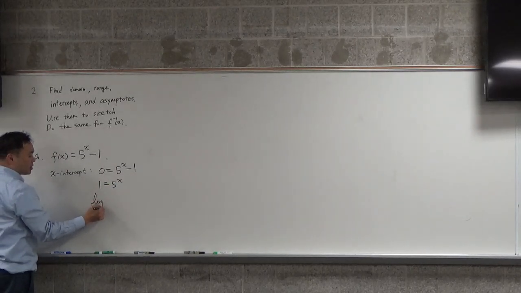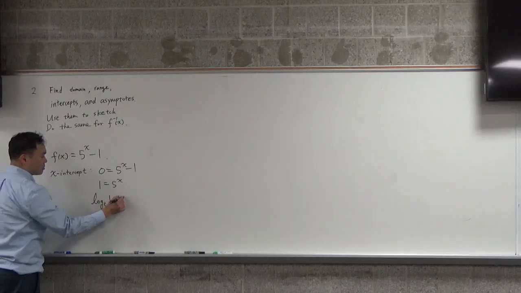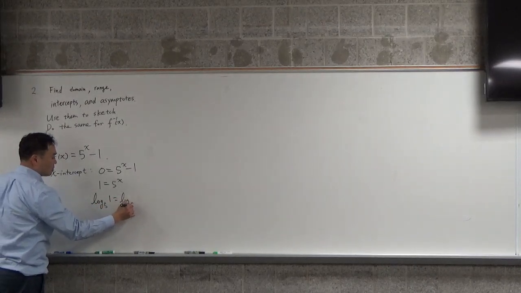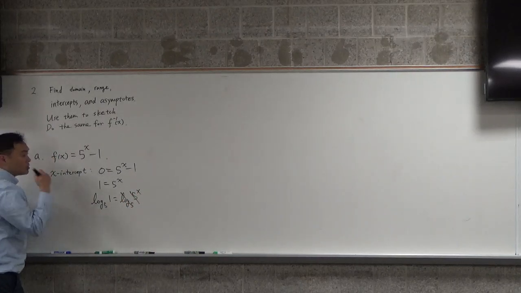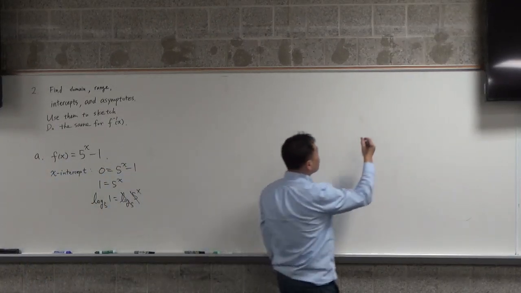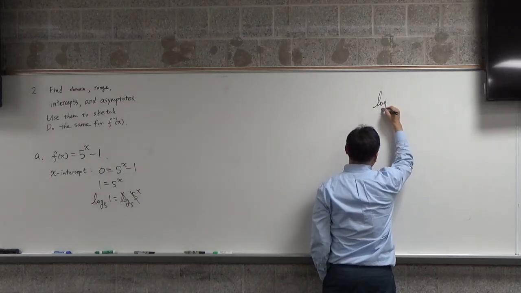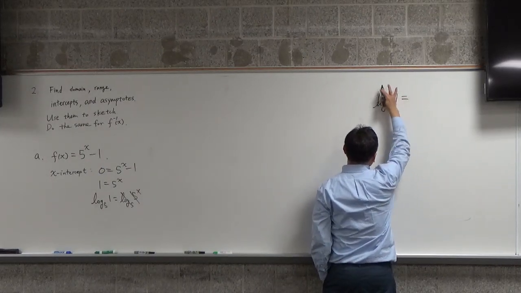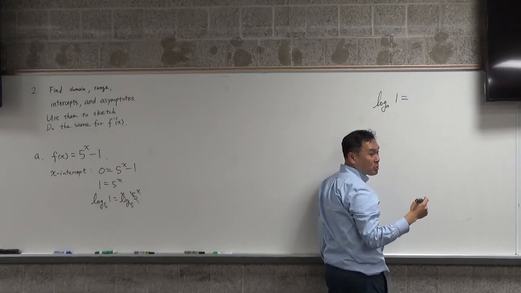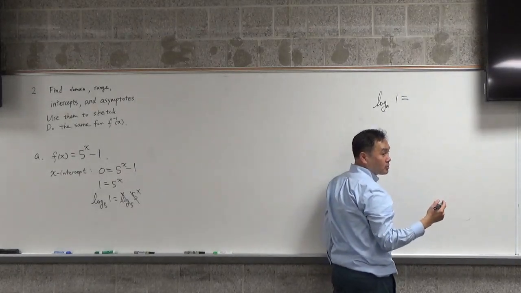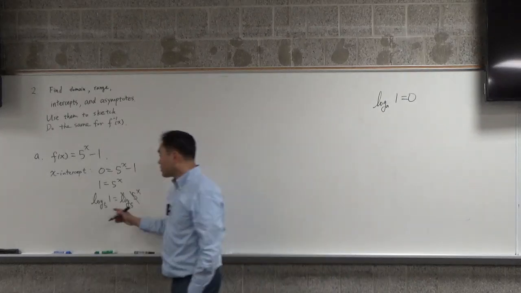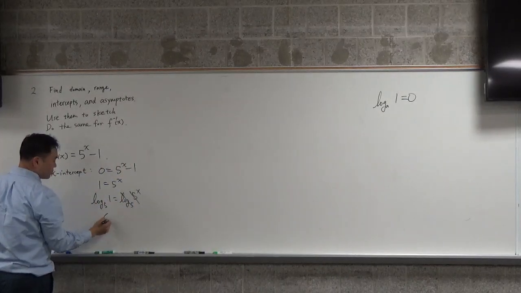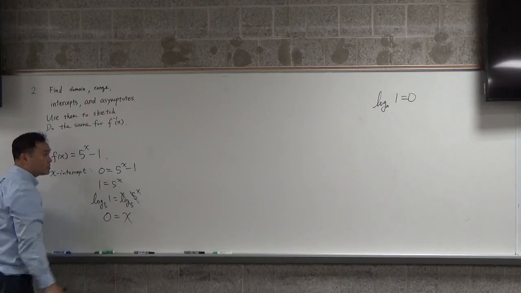Take log base 5. Okay, we learned one fact about log base a of 1. What is this value? Does anyone remember? 0, right? So using that, the left side will be 0 equal to x.